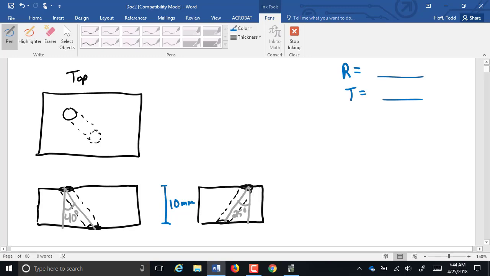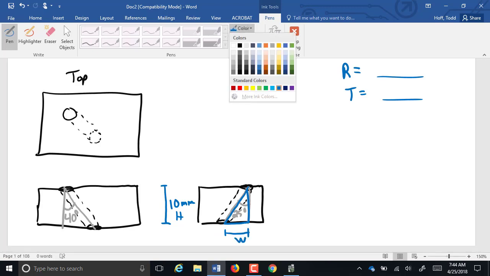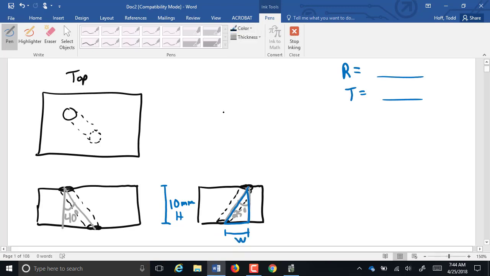But now based off of that, I'm going to come over here and look at this triangle here. This is actually going to serve as my height now for my figure. I can find this here, which is my width. What do I mean by height, width, and all that?